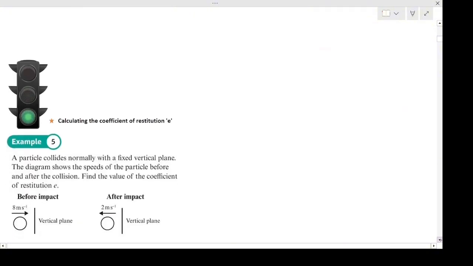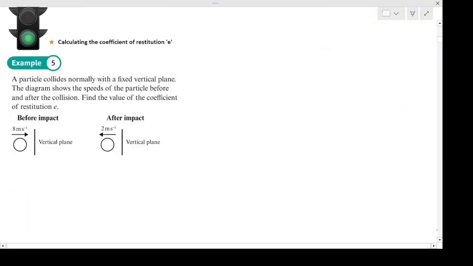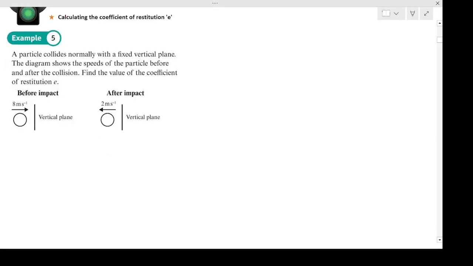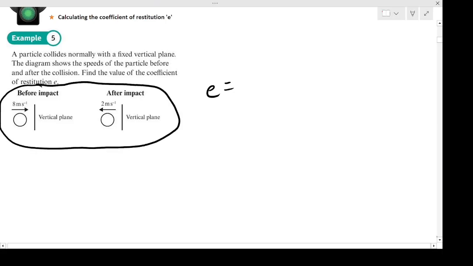So I just want to have a look at some examples of how to calculate and work with e here. It's a really wordy question, but hopefully you can see essentially this situation here. We've got a ball that's going to hit into a wall.